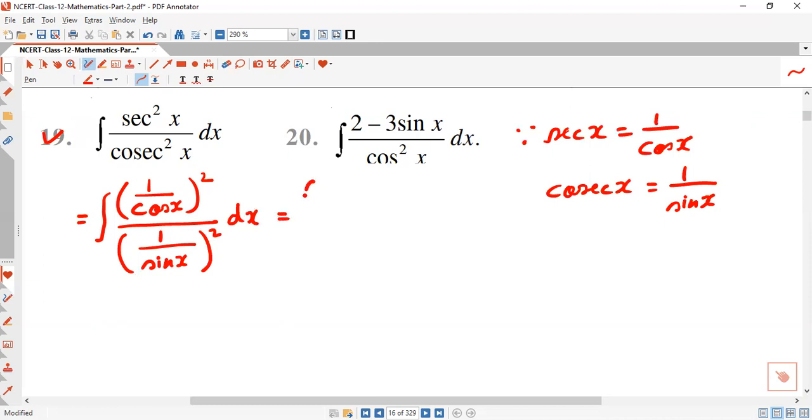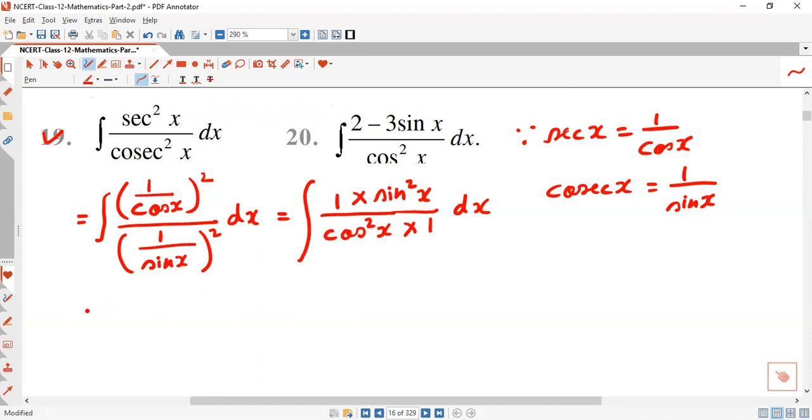This can be written as cos square x and sin square x. So we write down 1 upon cos square x into 1, and the sin square x goes to the upper side, dx. Now we can simplify this one. We can simplify further.